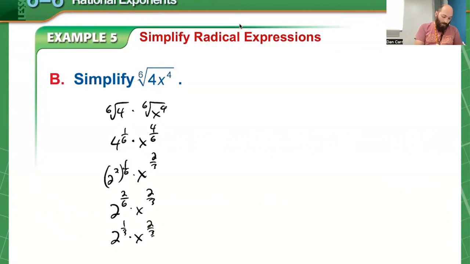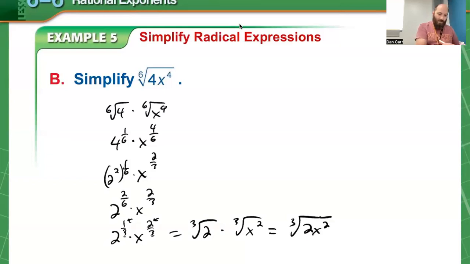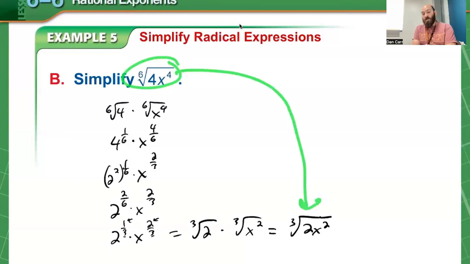Since I have the same denominator here, I can put it back into radical format. It will be the cube root of 2 to the 1st times the cube root of x squared. Since they're both cube roots, we can put them together as the cube root of 2x squared. That's how we simplify this.